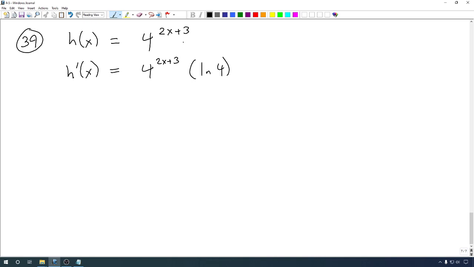But now we also have to take the derivative of the inside. The 2x plus 3, we need to multiply by the derivative of that, which is just 2. So we have 4 to the 2x plus 3 times some constant, but there's really not a better way of writing that. That's just what it is.